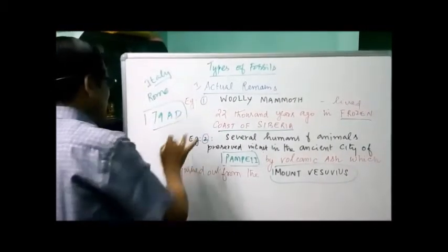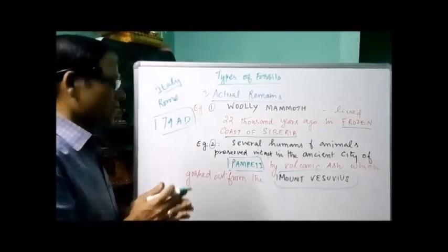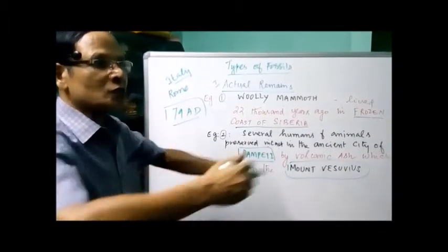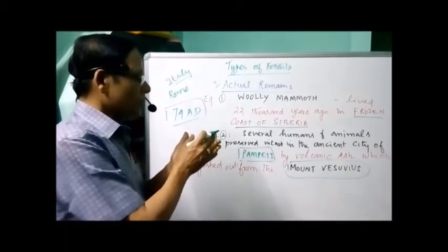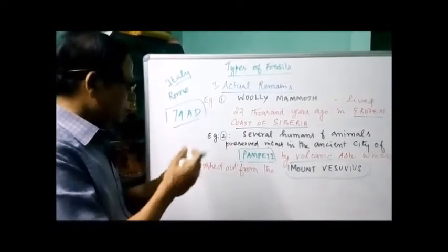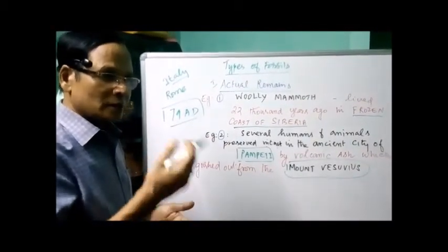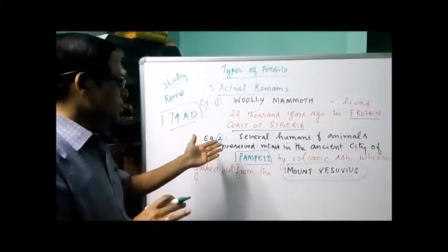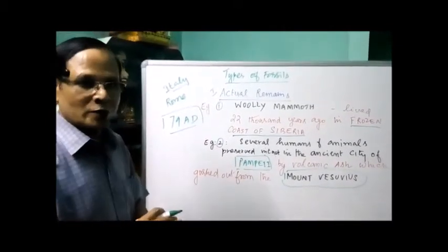Mount Vesuvius gushed out ash, which covered several animals and human beings over a vast area. Till today, they have not yet recovered all the bodies buried by this ash. They are still unearthing the ash and finding human beings and animals, and the process is going on. They have seen a number of human beings preserved as such. So these are the 2 examples for actual remains.